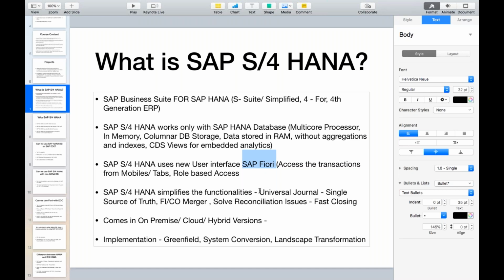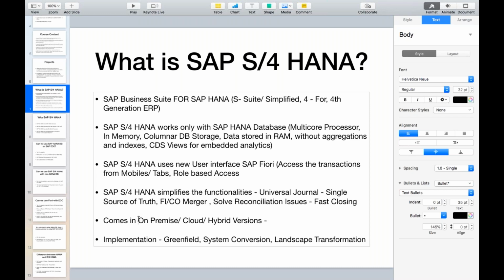And the third one, and the most important one, is the simplifications in the financial processes. Within finance, there are new functionalities available that we will discuss in detail, but just remember that these are the three important things: HANA, Fiori, and the simplified processes, due to which SAP S/4HANA is becoming so popular.